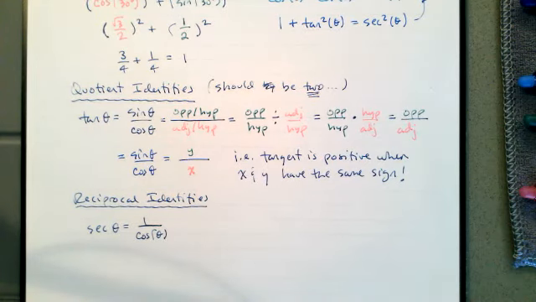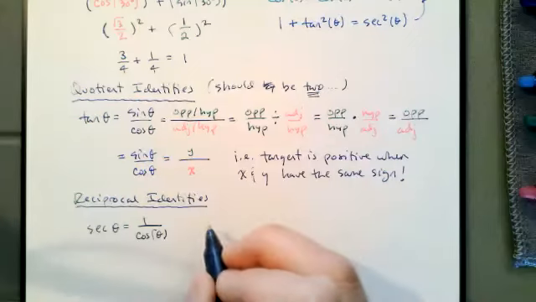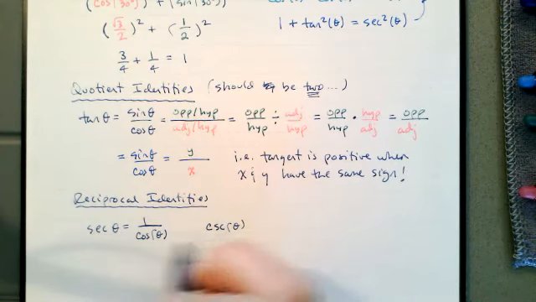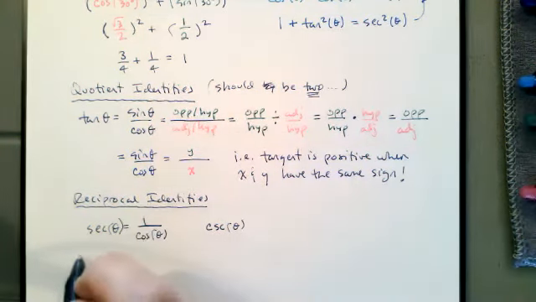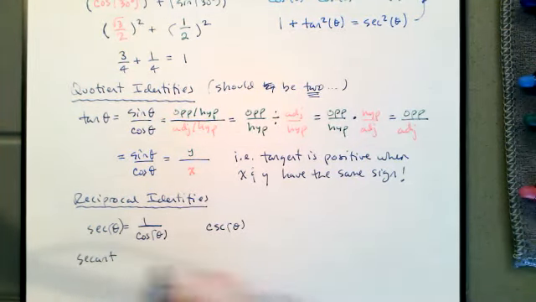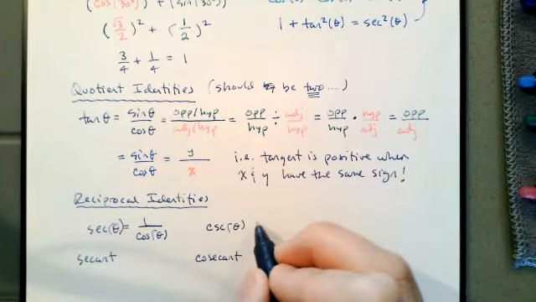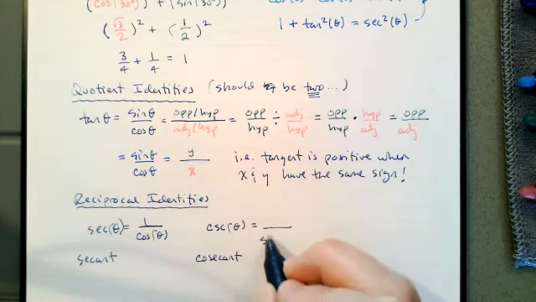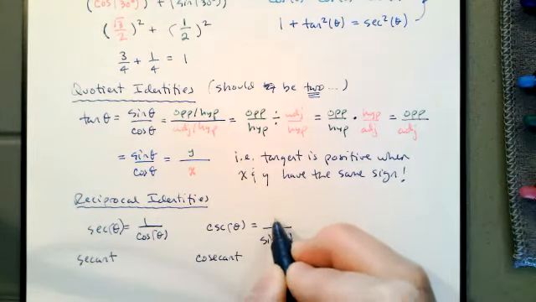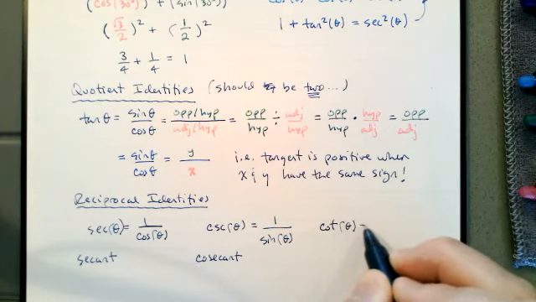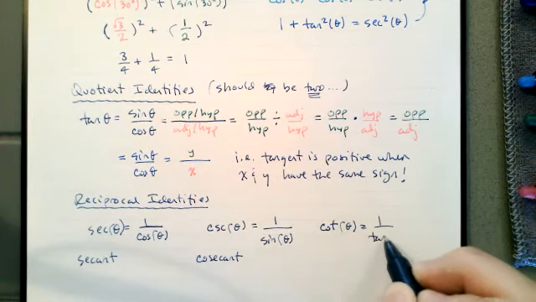There are 3 reciprocal identities. Secant is 1 over cosine, cosecant theta is 1 over sine theta, and cotangent theta is 1 over tangent theta.